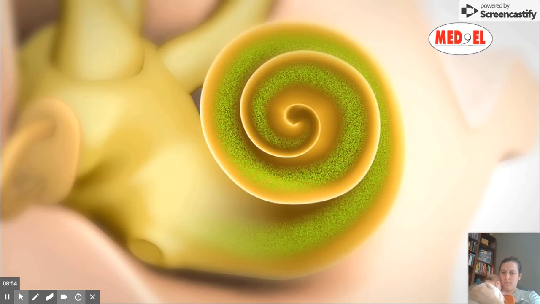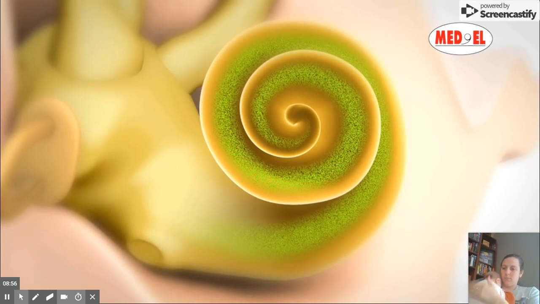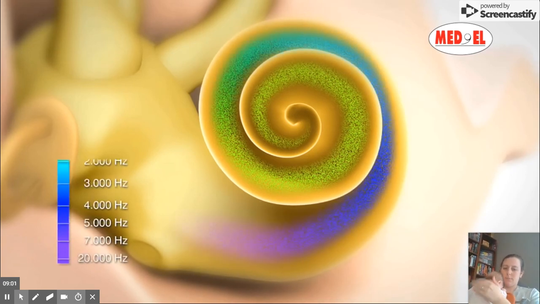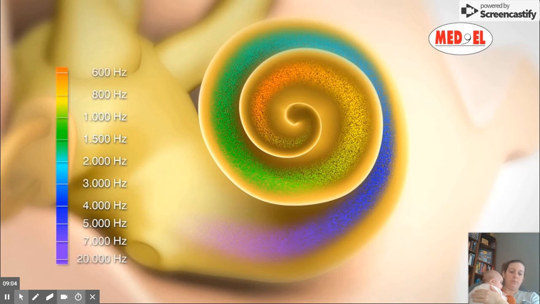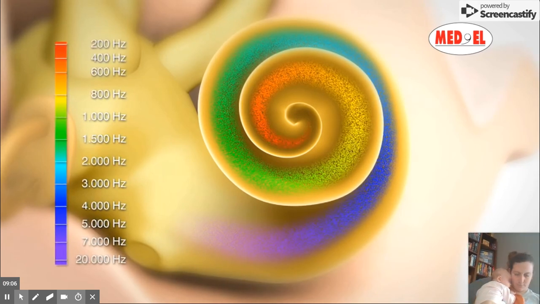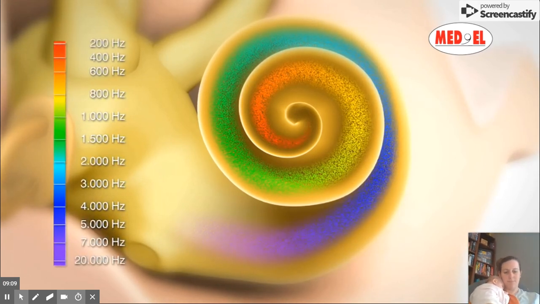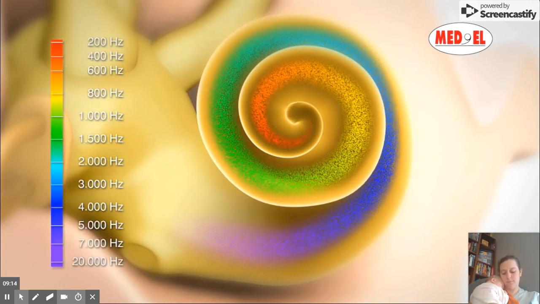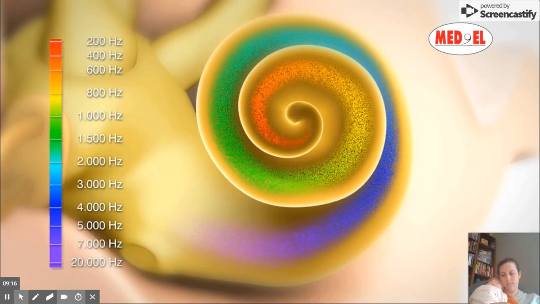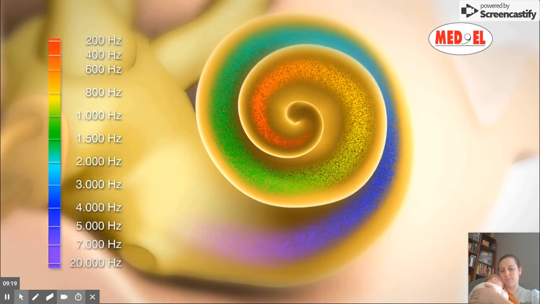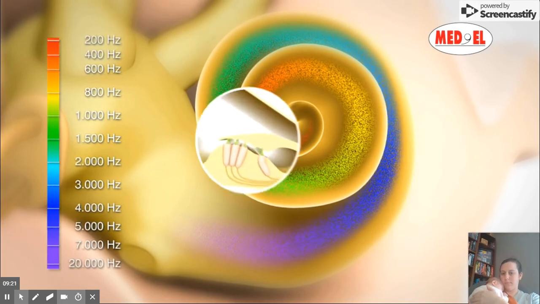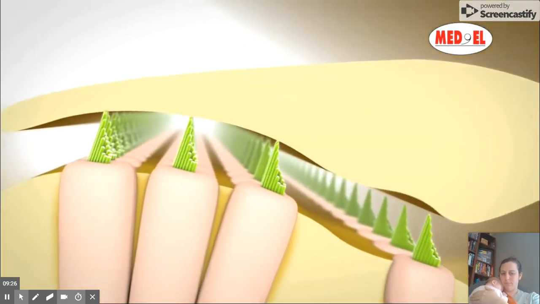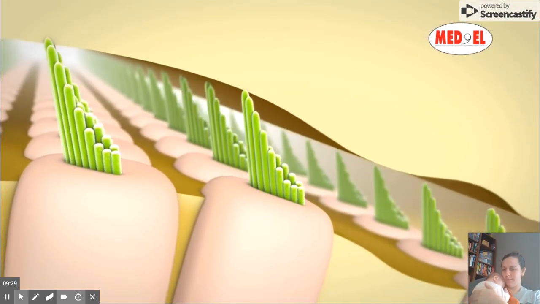The change from mechanical vibration to electrical pulse is a complex process resulting from the movement of hair cells in the cochlea. Along the entire length of the cochlea, the hair cells are arranged like the keys of a piano. Hair cells located at the base or lower region of the cochlea are responsible for high frequency, while hair cells at the apex are responsible for the low frequencies. As the fluid in the cochlea is set in motion, it causes a corresponding movement of the fine structures on the surface of the hair cells to take place.